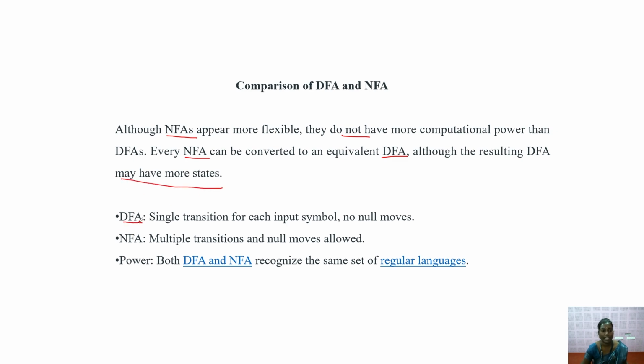I have already said DFA has a single transition and does not allow null moves, whereas NFA has multiple transitions and null moves are allowed. So in power, both NFA as well as DFA recognize the same set of regular languages.